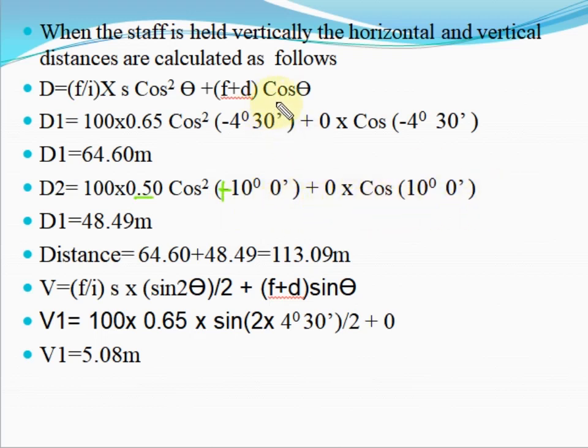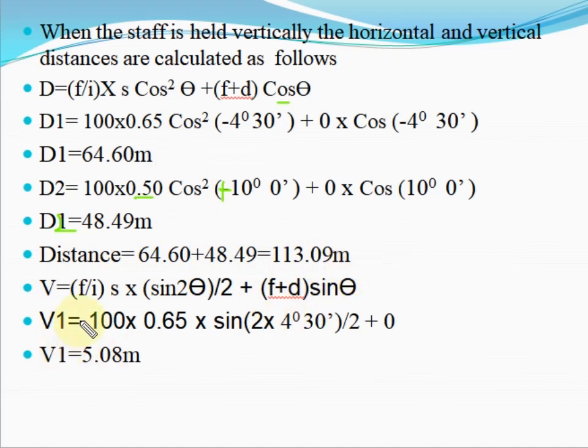Here in your formula F plus D is 0 because an analytical lens is provided, into cos of 4 degrees 30 minutes, here 10 degrees positive. So this is the value of D2, not D1. D1 is 64.6 and D2 is 48.49. So the distance between the benchmark and your staff is 113.09 meters.